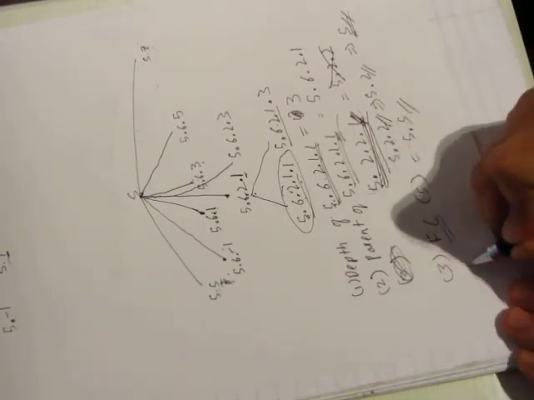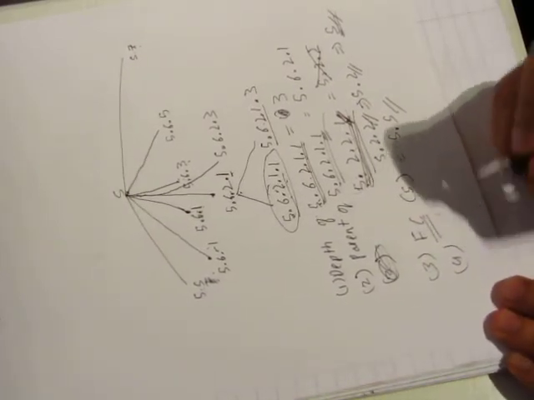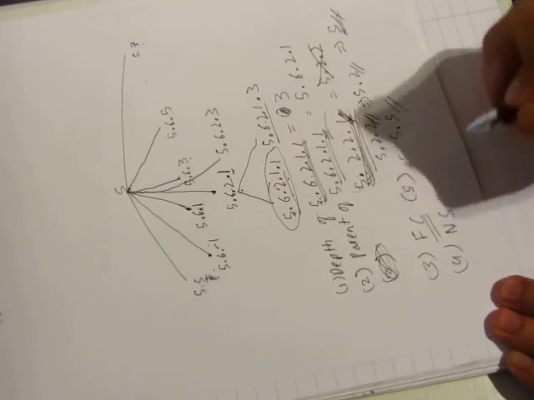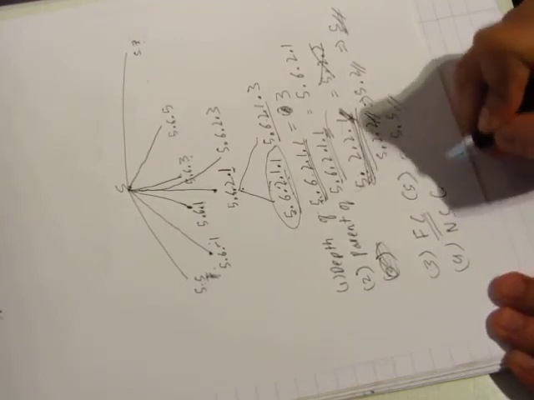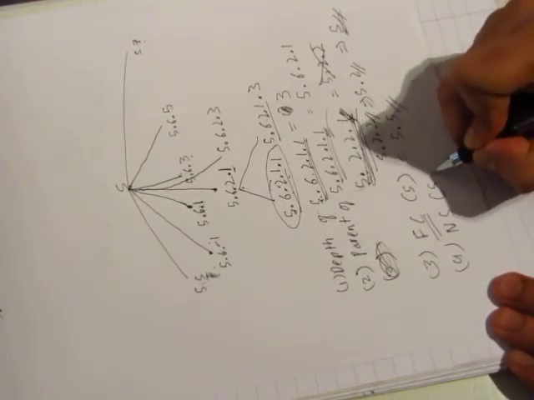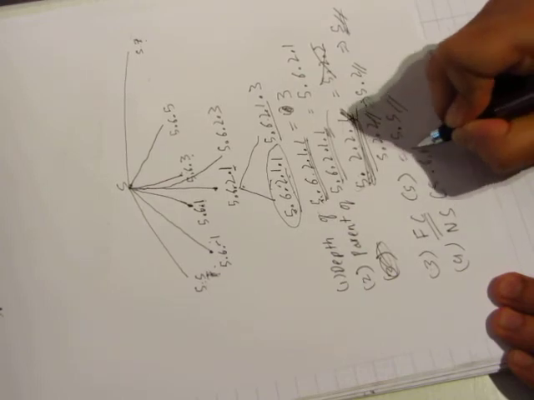Okay, what do we do to get the next sibling? Say we want to get the next sibling of 5.6.1.